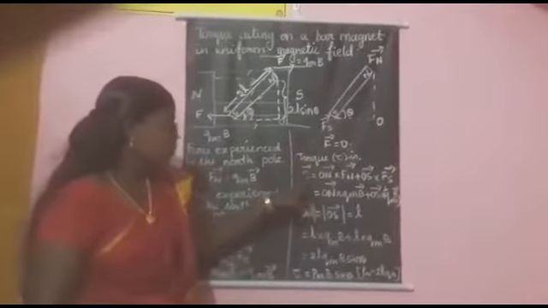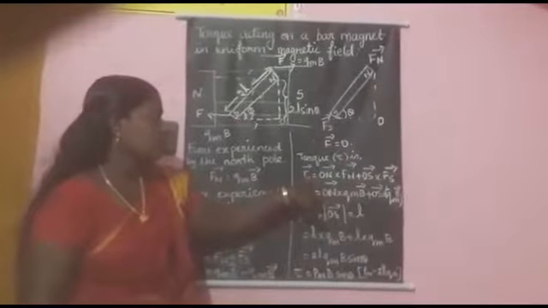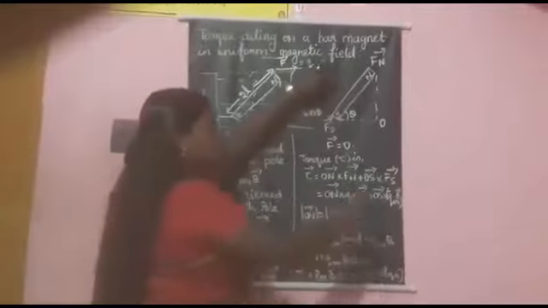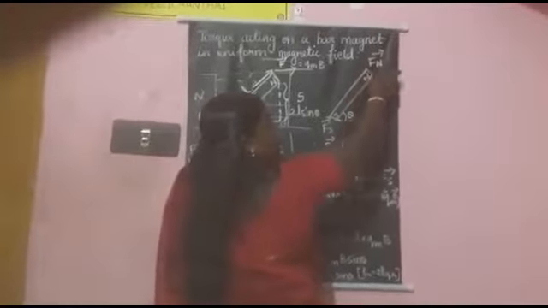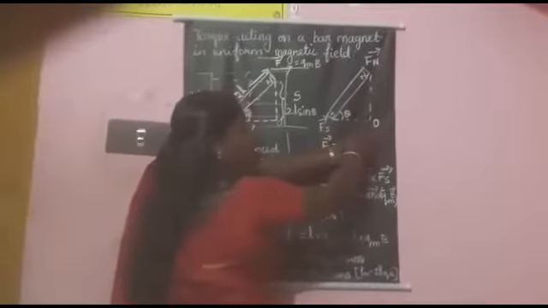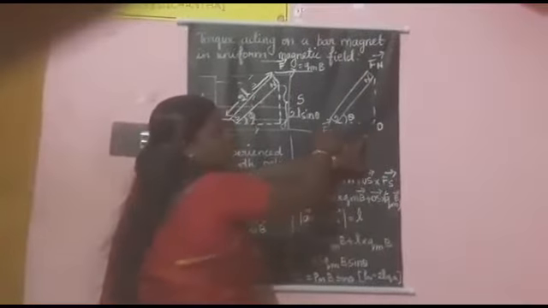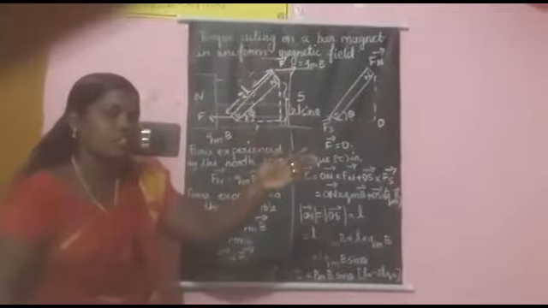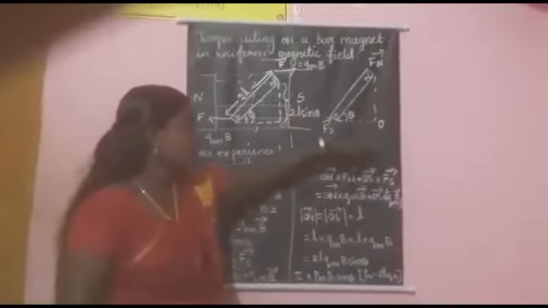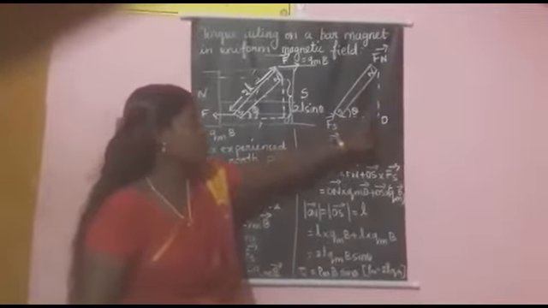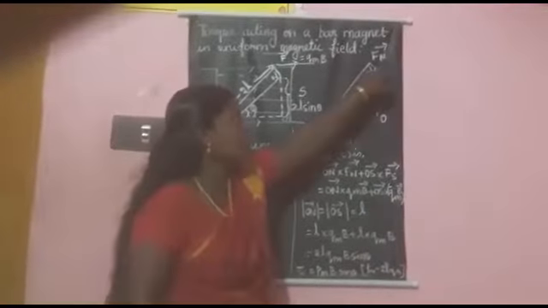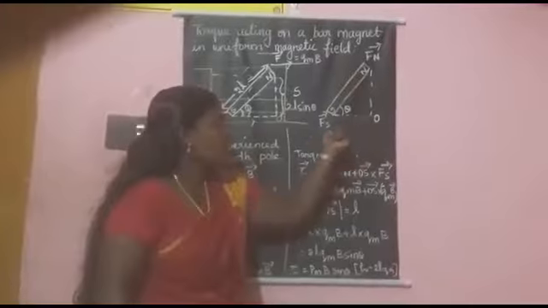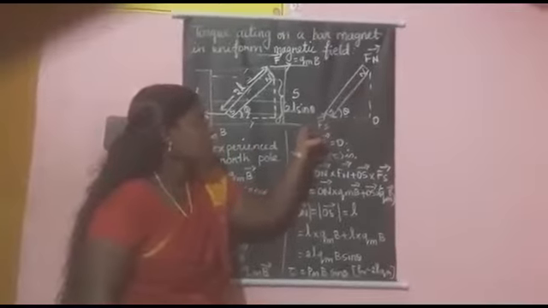Okay, so the torque is given by tau vector equals, we consider On vector cross Fn vector plus Os vector cross Fs vector. First we consider the vertical portion, and next the horizontal portion. Okay, first is On vector cross Fn vector plus Os vector cross Fs vector.